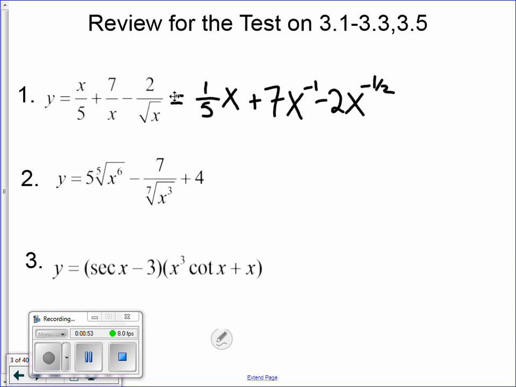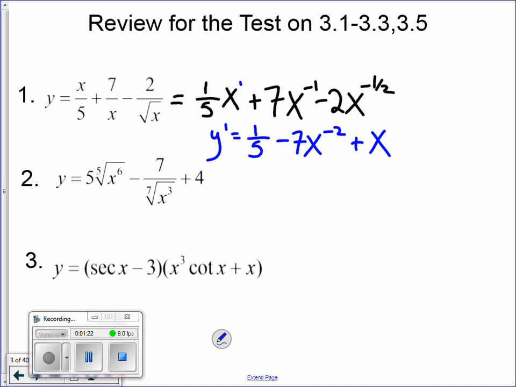So our derivative, y prime we can call it, is equal to 1/5, because the exponent is 1, so it would be 1 times 1/5 x to the 0, or just 1/5. Again, we multiply the exponent by the coefficient, so we get minus 7x to the -2. And multiply -1/2 by -2, we get plus 1, so I don't have to write it.